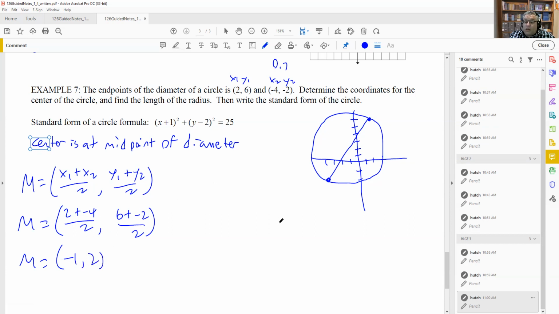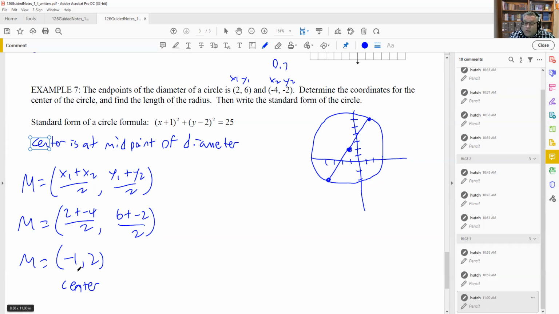So my midpoint, which is also going to be the center, is -1, 2. -1, 2 is about right here. That would make sense. So that point right there is on the midpoint of the diameter.